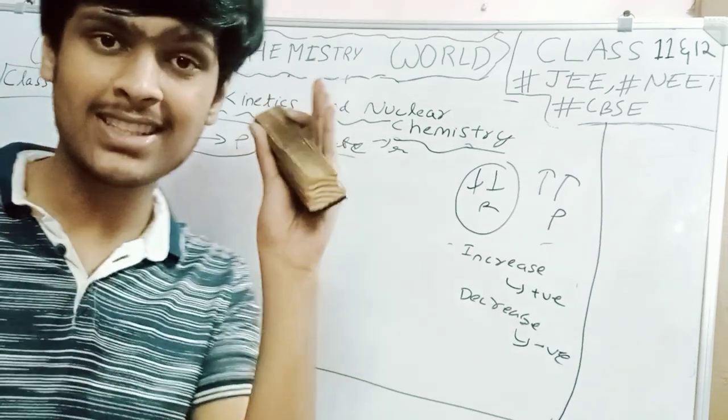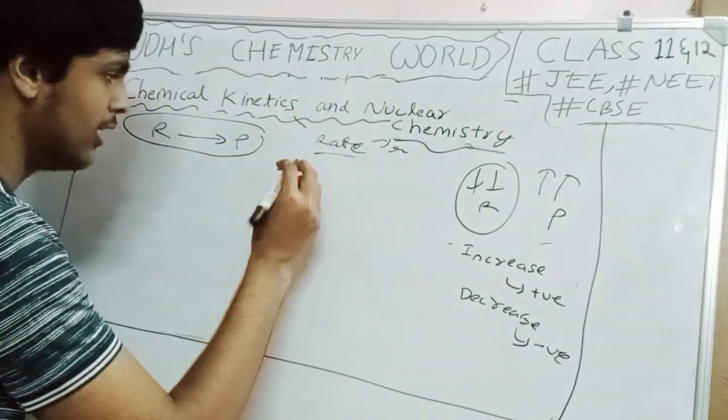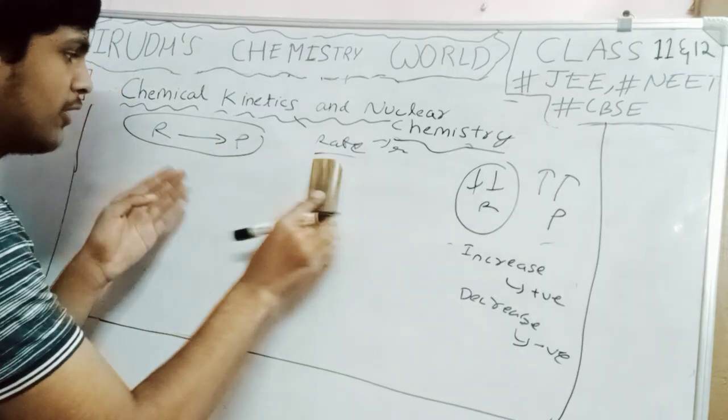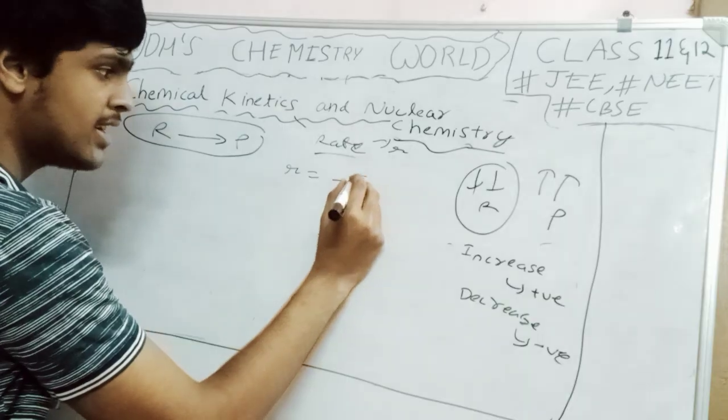So since the reactants are decreasing in concentration, you should represent with a negative minus symbol. So rate of reaction r is equal to minus the concentration of the reactant.